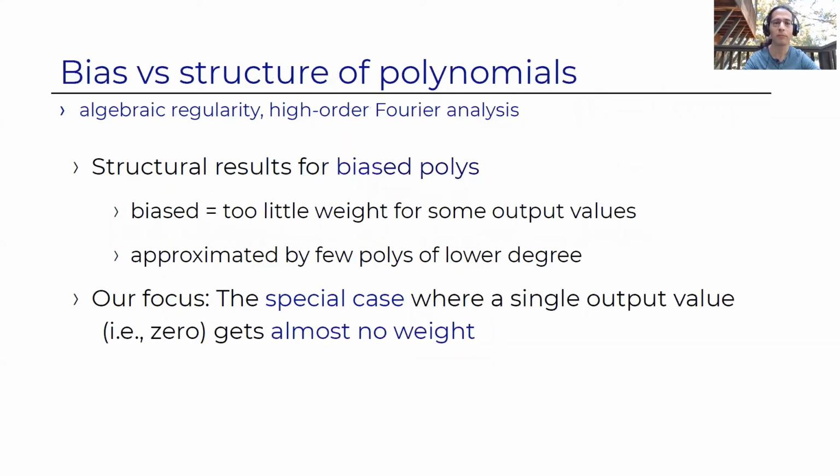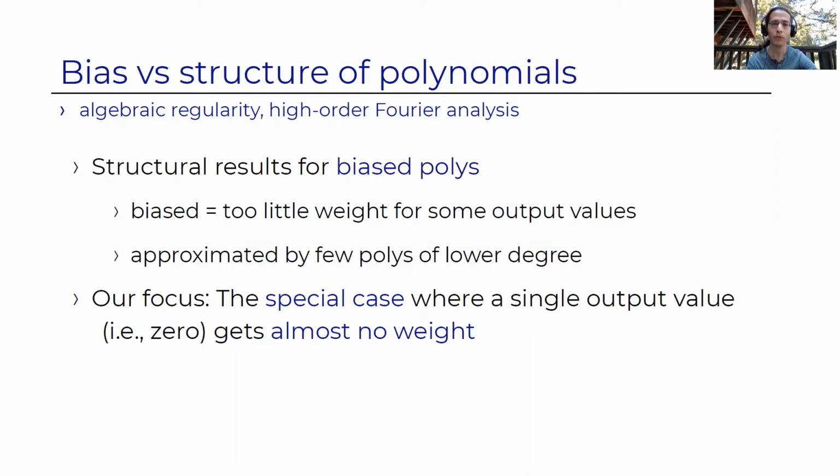Now, another relevant problem is that of bias versus structure in polynomials. This has received a lot of attention in the last decade and concerns structural results for biased polynomials. So a biased polynomial is a polynomial that has too little weight for some of the output values. And via structural results that deal with algebraic regularity and high-order Fourier analysis, we now know that such polynomials, for example, can be approximated by few polynomials of lower degree.